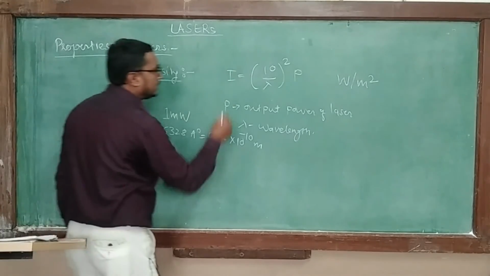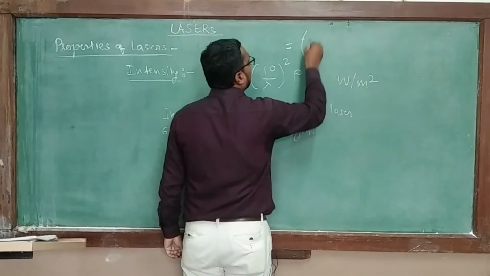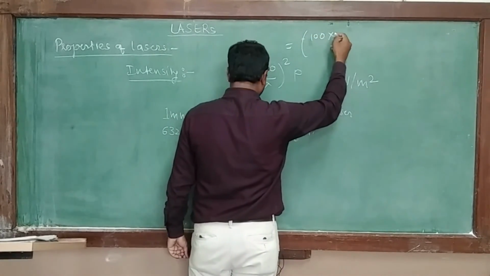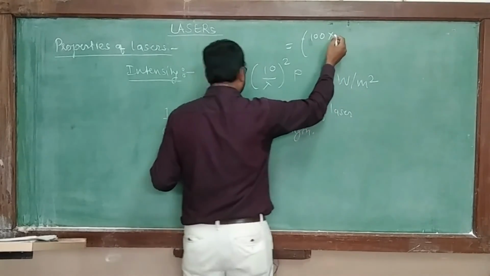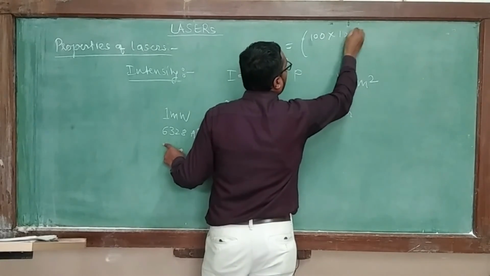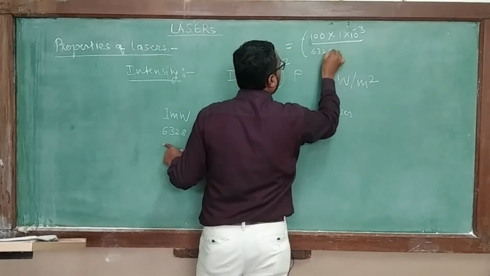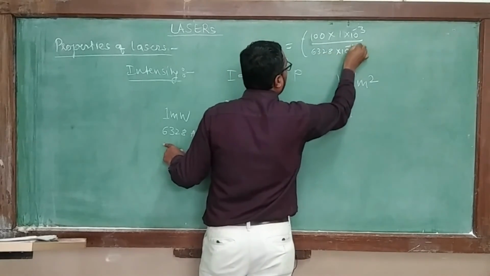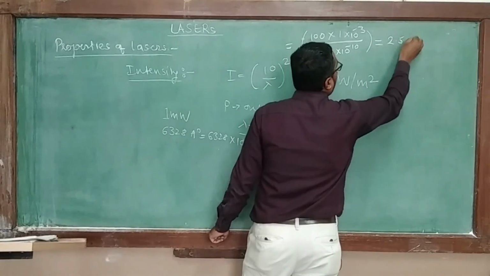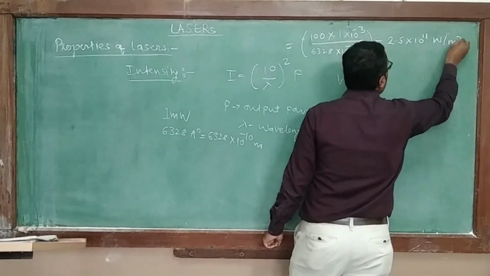If we put these values into our equation, we get 10 square is 100 into 1 milliwatt, so it is 1 into 10 raised to minus 3 watt upon 6328 into 10 raised to minus 10 meter, and that comes out to be 2.5 into 10 raised to 11 watt per meter square.